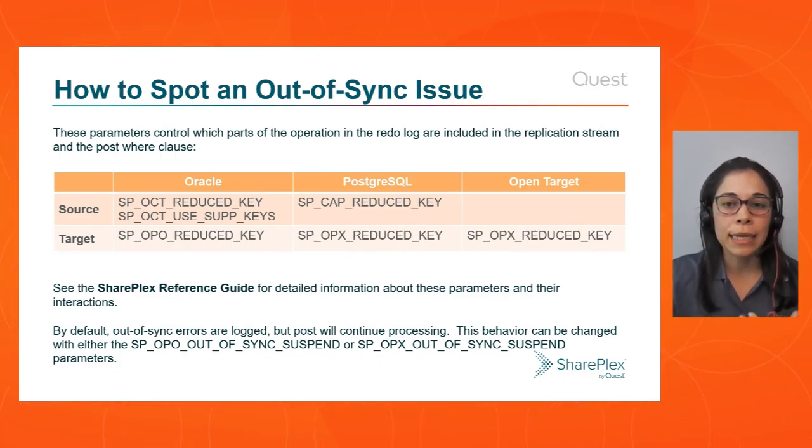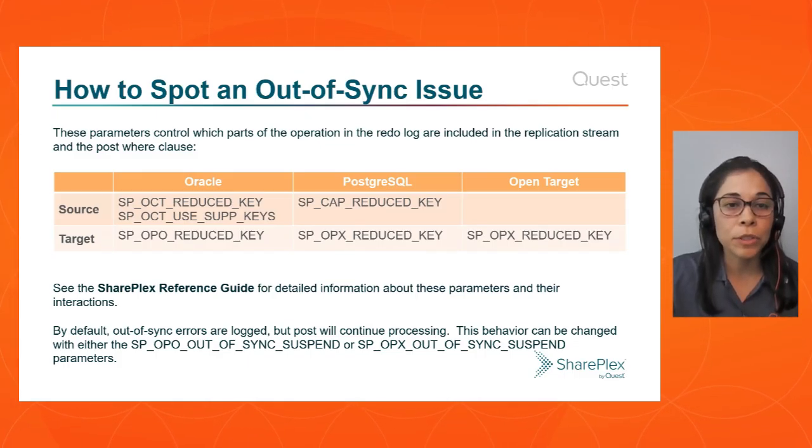Another option is the key values and the before values of the columns that are going to be changed. Also, if you use only the key columns, sometimes it helps you to improve the performance for the post process. So just make sure that if you are going to enable this option, only SharePlex is the one that is making changes on the target database.